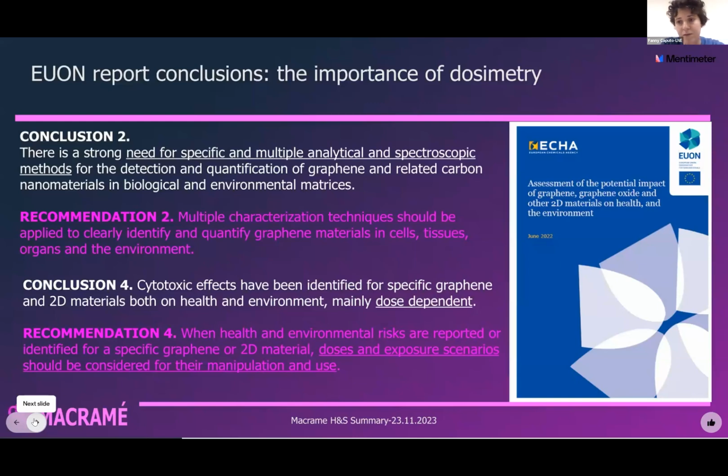Another key point is that we have to find ways to define and quantify the dose, because the dose and exposure scenario are key for understanding the outcomes of those studies. I'm not saying anything new, but this is really important to stress.